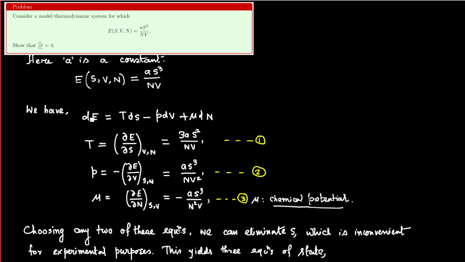We know internal energy E, that is dE, equals TdS minus PdV plus mu dN, where mu is the chemical potential and N is the number of particles.